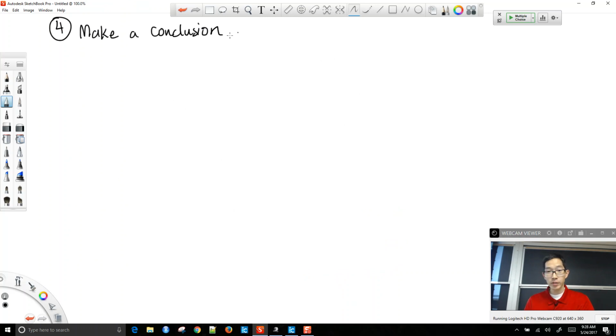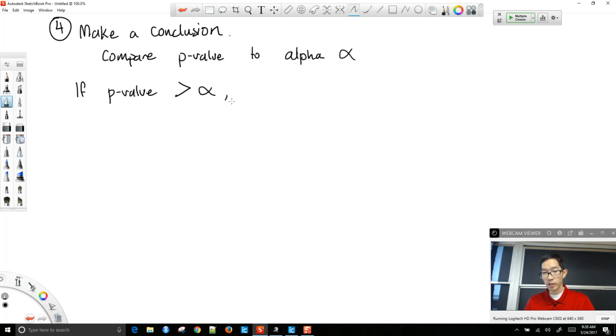What we do is we compare the p-value to alpha, the significance level.